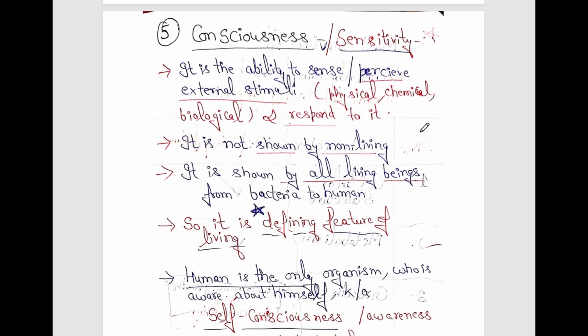We sense these physical, chemical, and biological stimuli through our sense organs. Plants also sense and respond to external factors like light, water, temperature, and other organisms and pollutants. All organisms from prokaryotes to complex eukaryotes show consciousness to environmental cues.